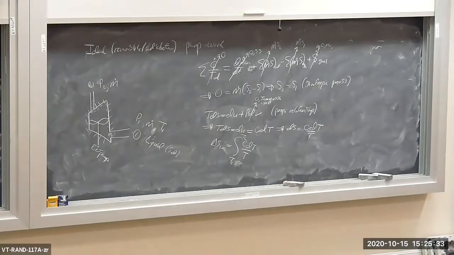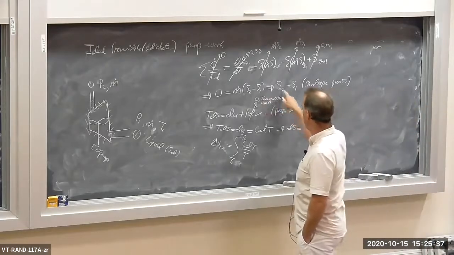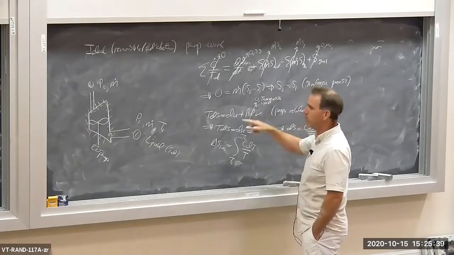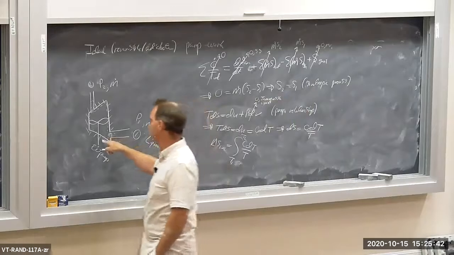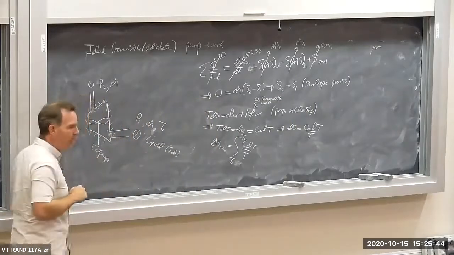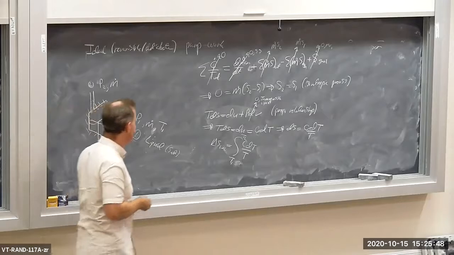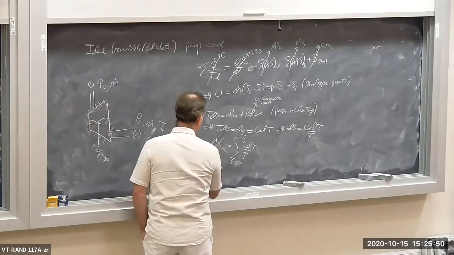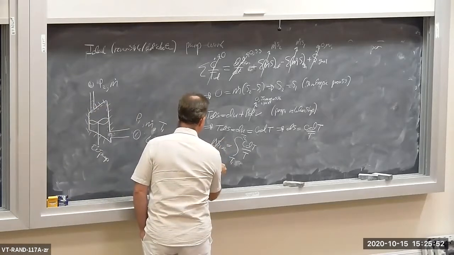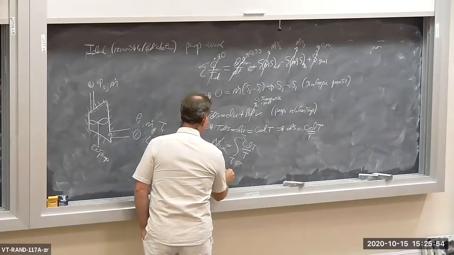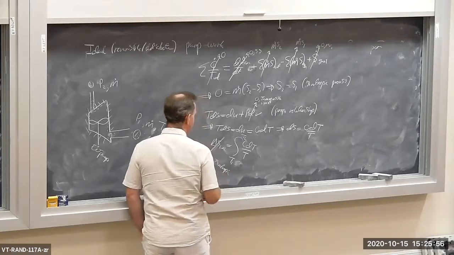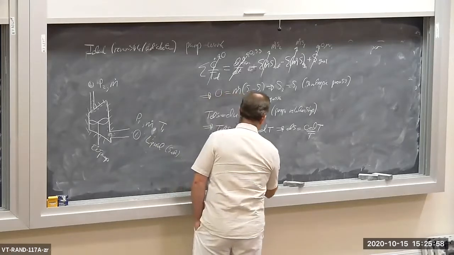Now, what is delta S for this process through the pump? It's reversible adiabatic, therefore delta S is 0. It's an isentropic process. So delta S is 0 because it's isentropic. So this thing is 0.